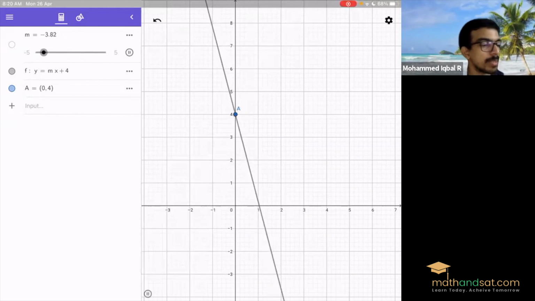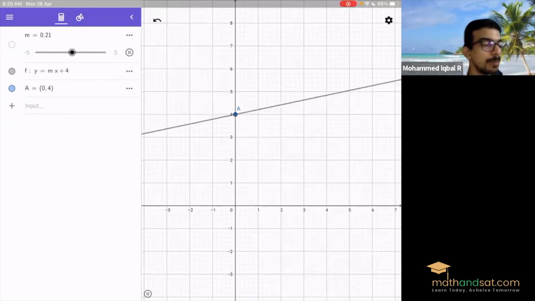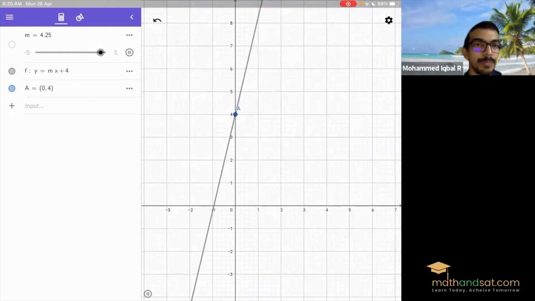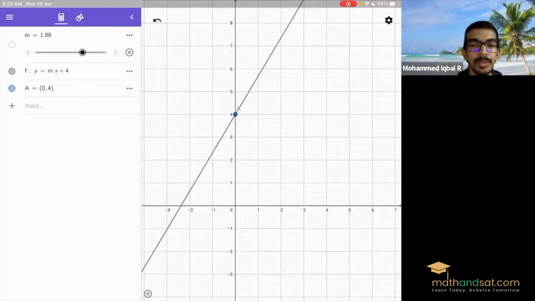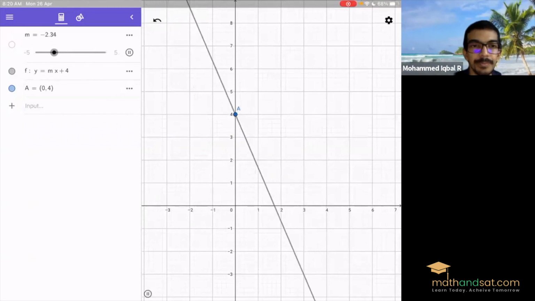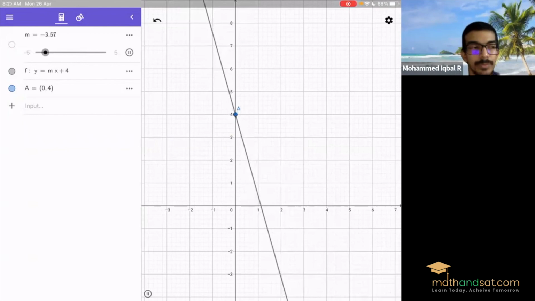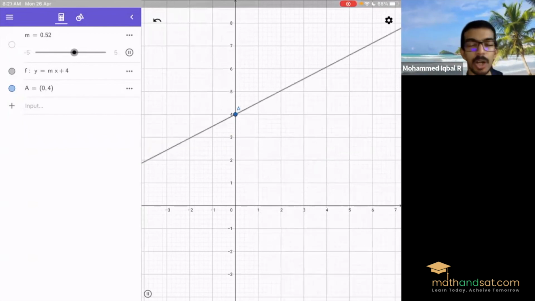Now see this. What happens when you increase the slope? Are you able to see that? Okay, so always remember this.